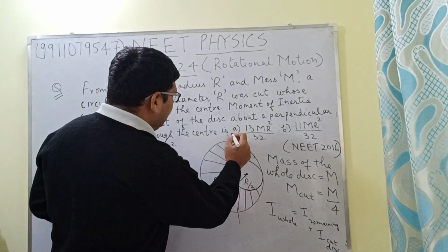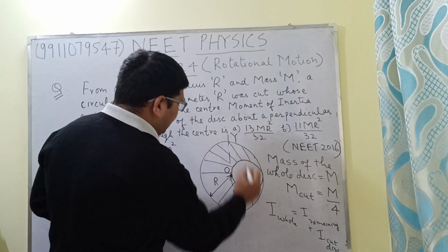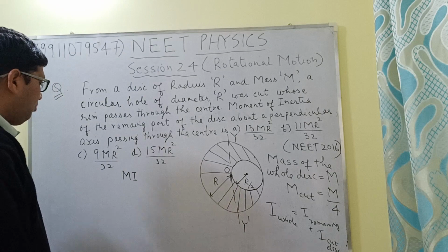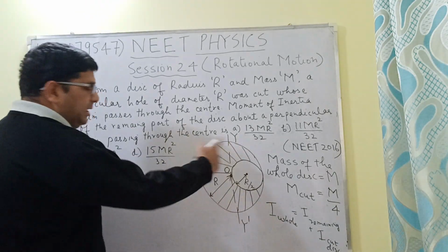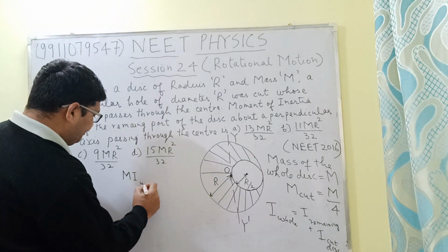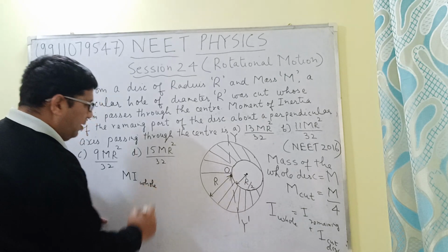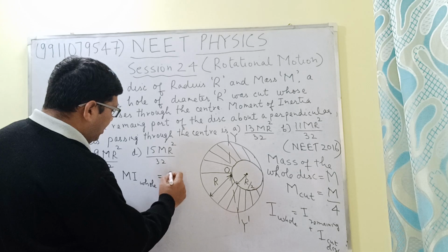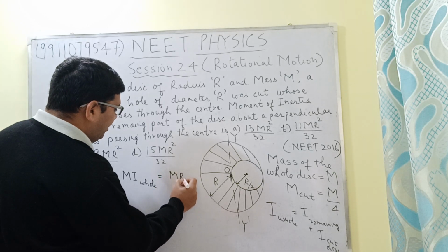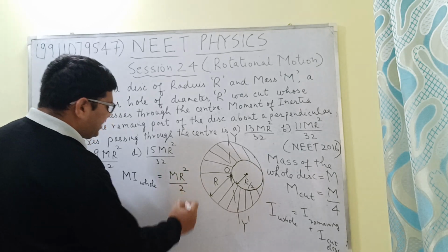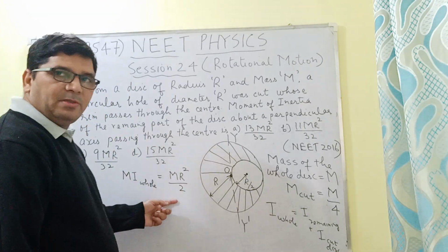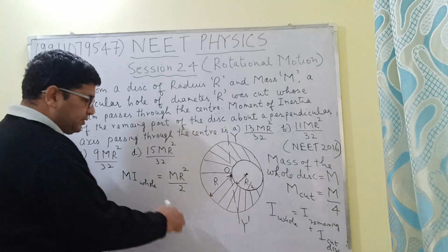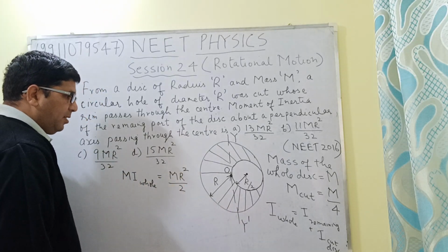I am just denoting this axis, let us say, as y dash. So the moment of inertia of this whole disc about this axis is equal to mr square by 2. This is the standard formula which is available in the books.